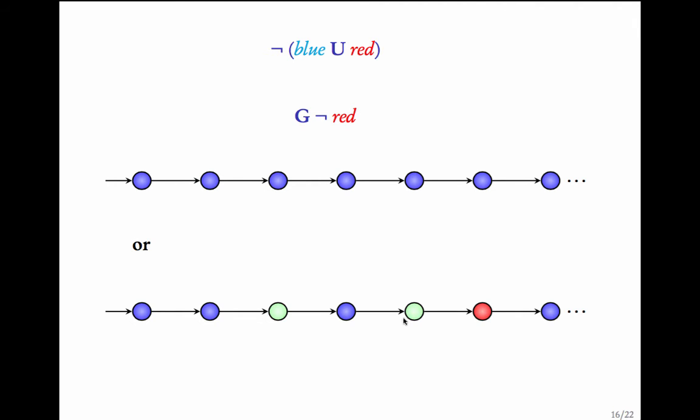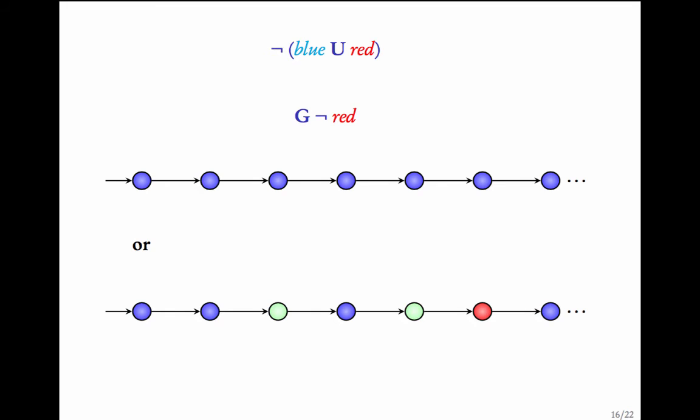If blue until red is not true, either the entire path has no red in it, or it has a red, however before the point where it becomes red, blue is not true always. Which means there exists a point before this place where it becomes red which satisfies not of blue. Let us now describe this path using an LTL formula. What does this say? The path has a red here. However, there exists a point before the place where it becomes red, and that point does not satisfy blue.